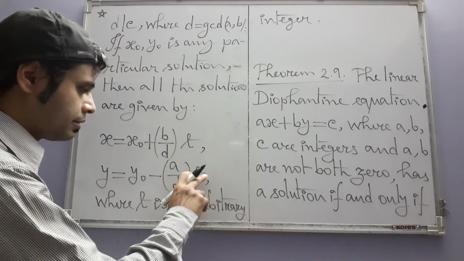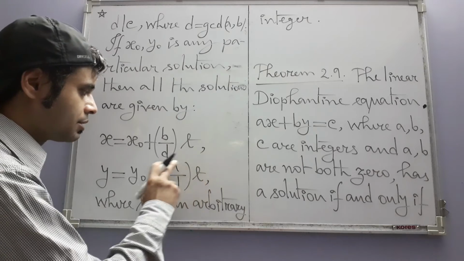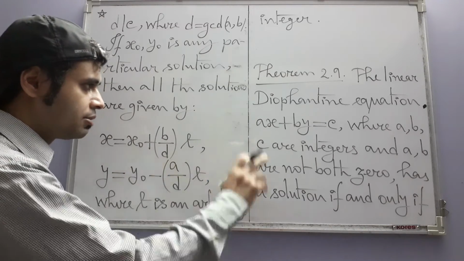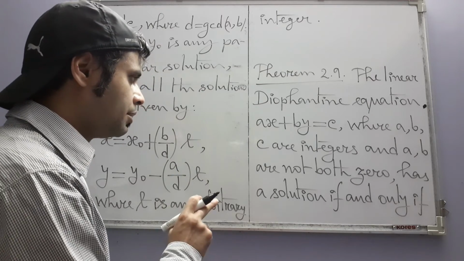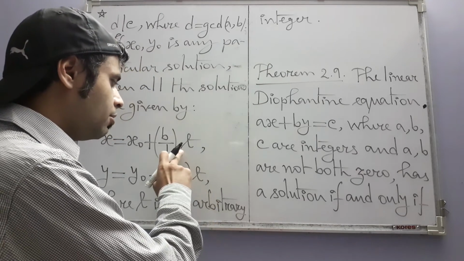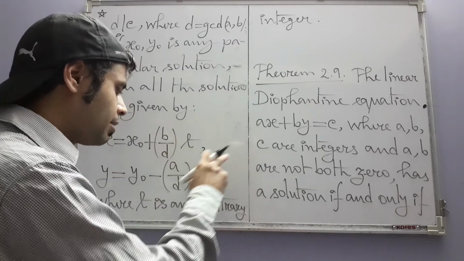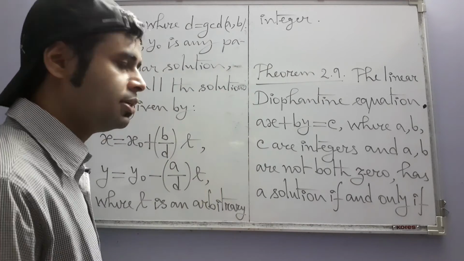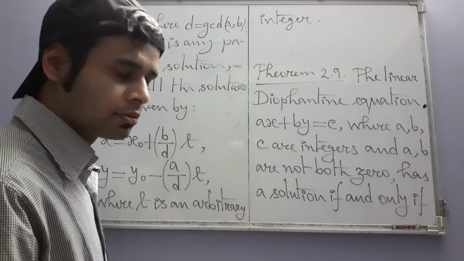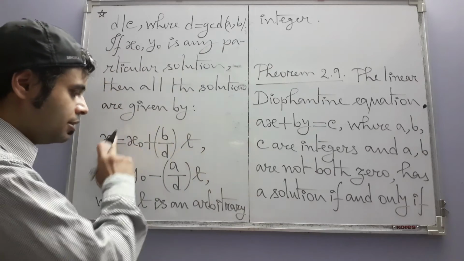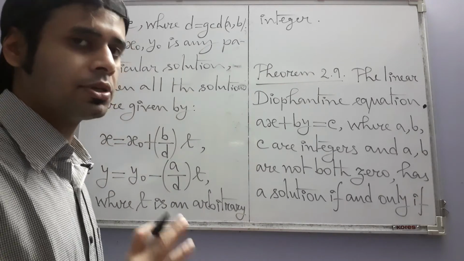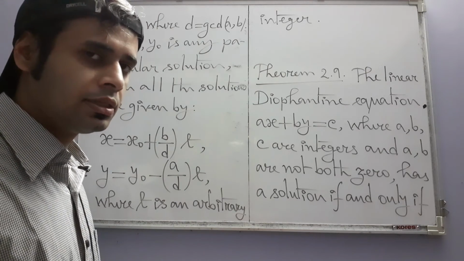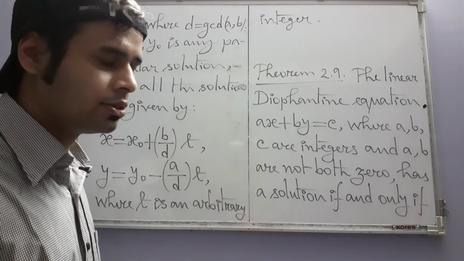But there is another thing you have to prove, is that if you are given an arbitrary solution, say x prime, y prime, you then have to prove that that x prime looks like this and that y prime looks like this for some t, to show that in this list of solutions we have accounted for all the possible solutions. So we will see that in the next number theory update.